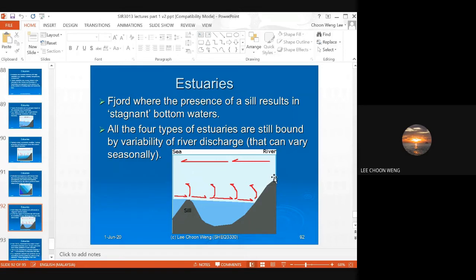Your river flows out and the bottom water, the seawater here, remains stagnant. And there is very little mixing.